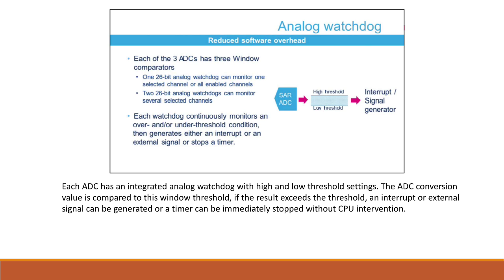Two 26-bit analog watchdogs can monitor several selected channels. Each watchdog continuously monitors an over and/or under threshold condition, then generates either an interrupt or an external signal, or stops a timer.